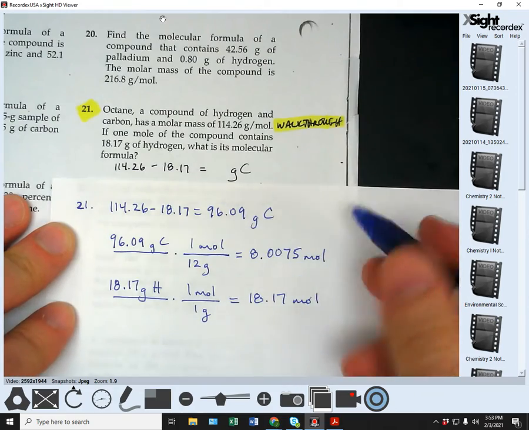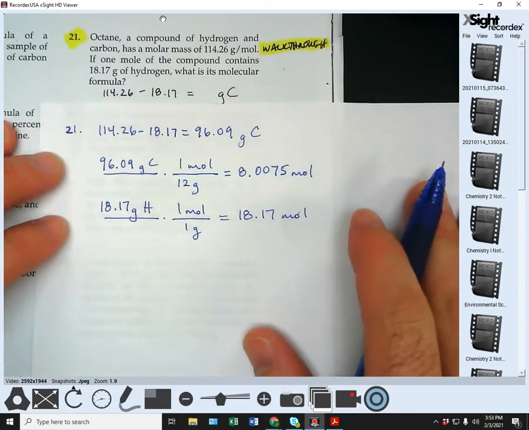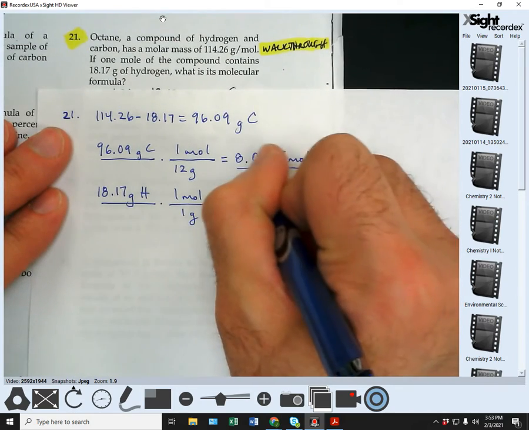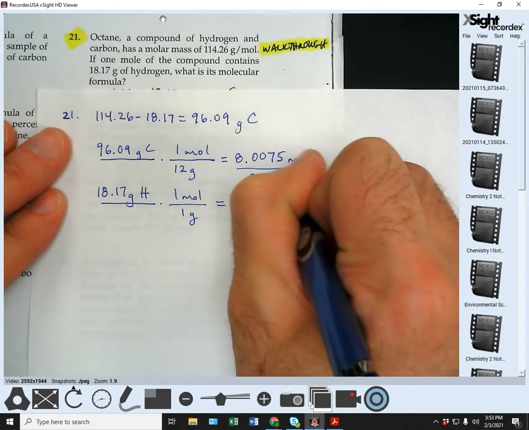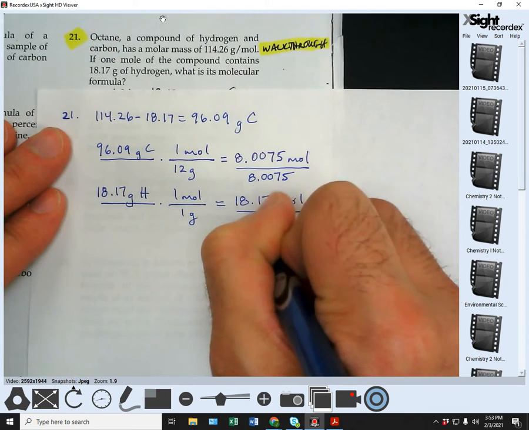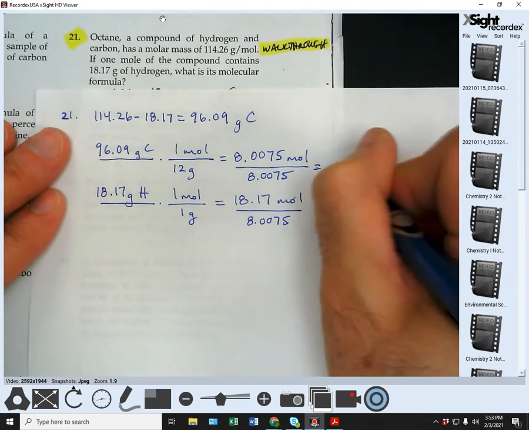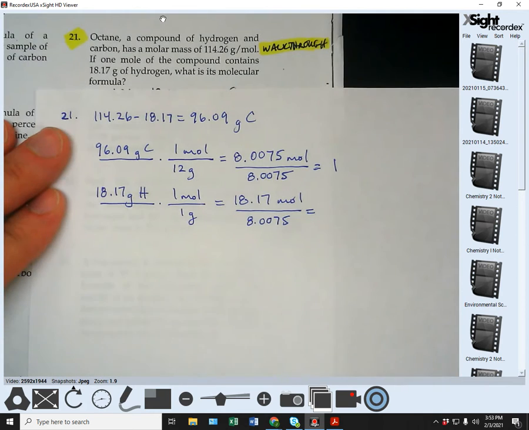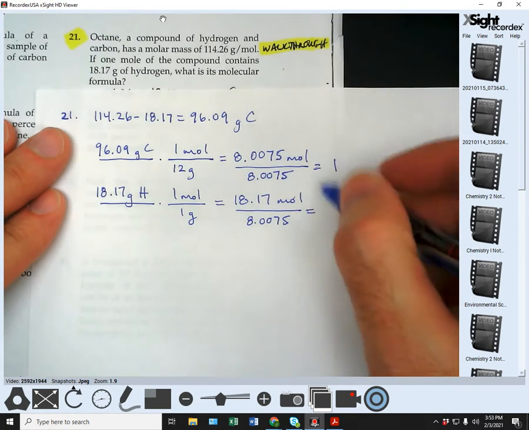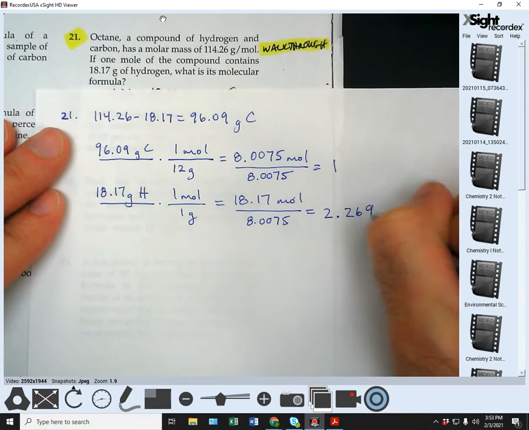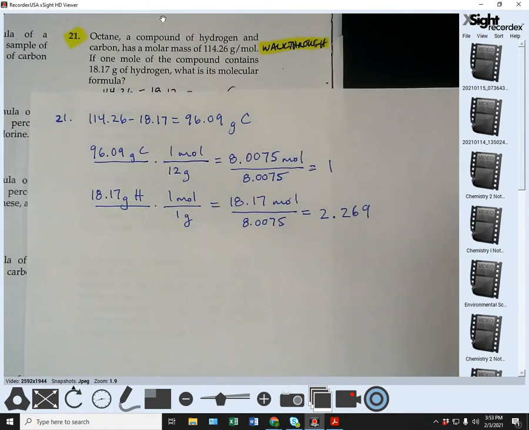Then we divide by the smallest, right? So this kicks us out a 1, and this gives me 2.269 blah blah blah.